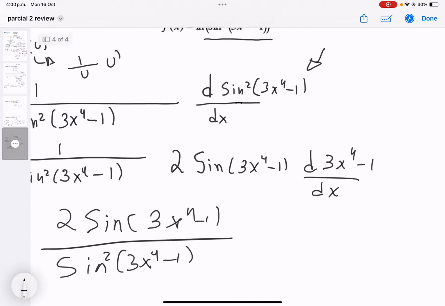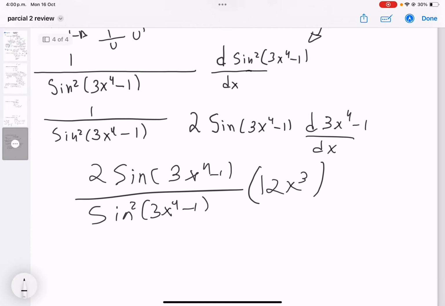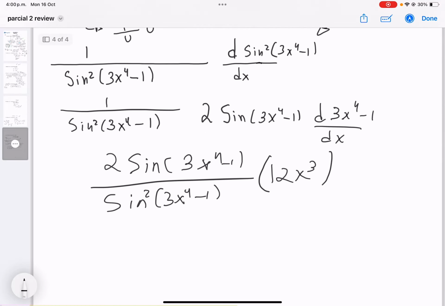And here, what is the derivative of this? This is not harder anymore. I will not use chain rule after this. 3 times 4, that is 12x cubed, and the derivative of negative 1 is 0. So this is all. I can just multiply some things here.